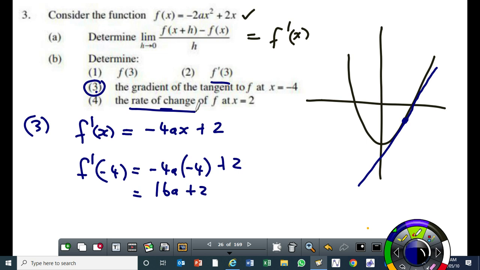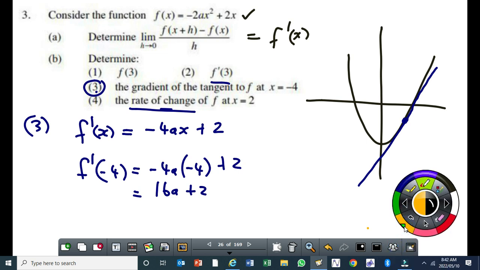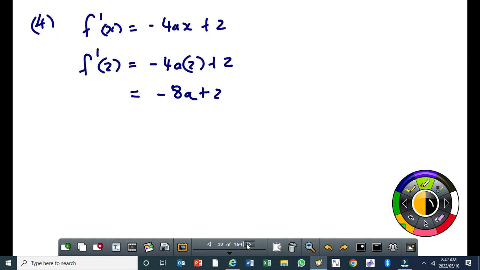Therefore, we just have to substitute x equal to 2 there. Okay? There is no need to complicate it. Where there is x there, you just put 2 there. And then you simplify. You get minus 8a plus 2 as the gradient or as the rate of change at x equal to 2. Okay? All right?